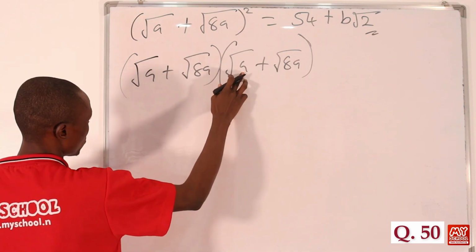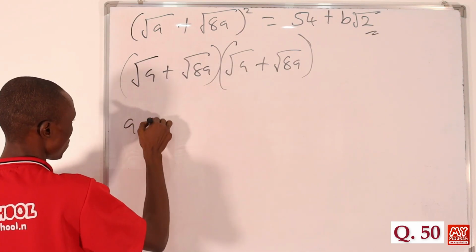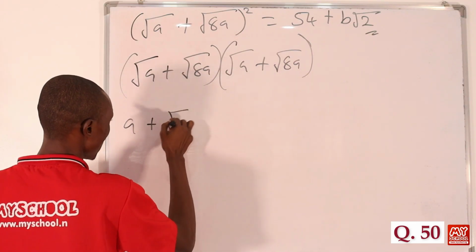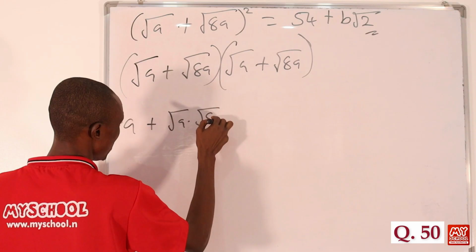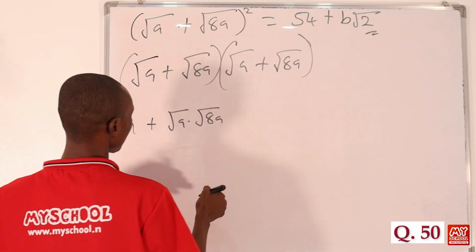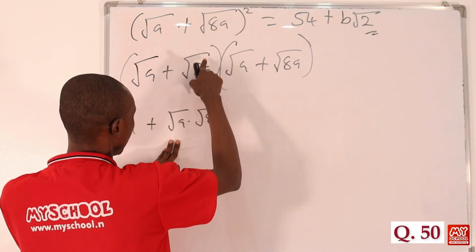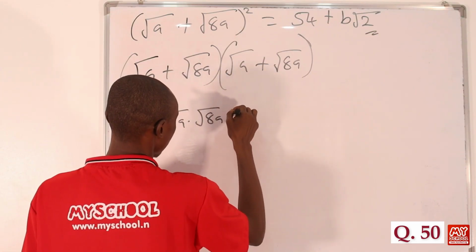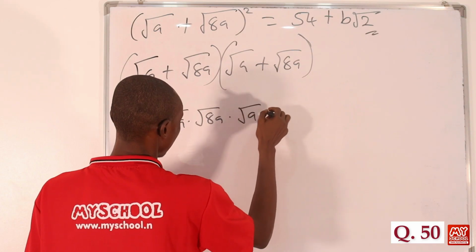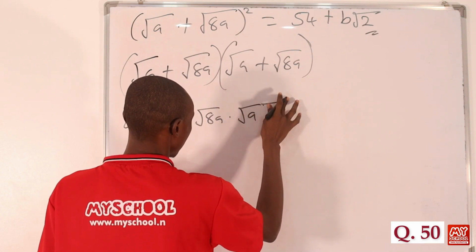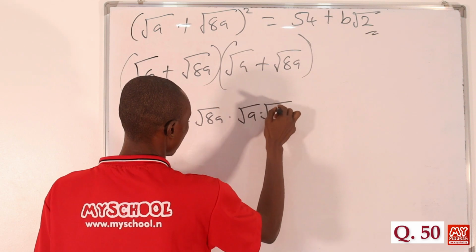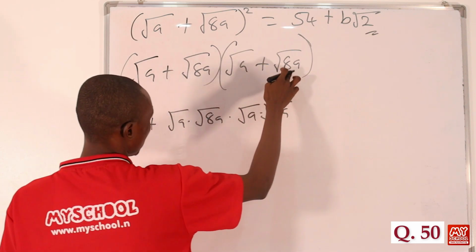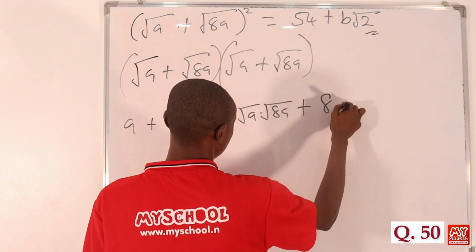Root a times root a will give us a, then plus root a times root 8a, that will give us root a times root 8a. Then root 8a times root a, that will give us another root a times root 8a. Then root 8a times root 8a will give us plus 8a, right?